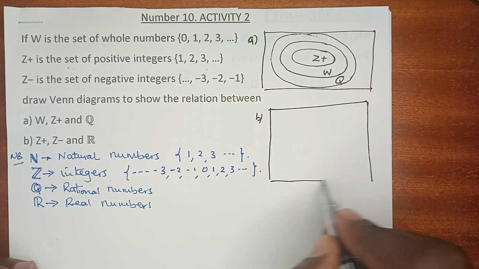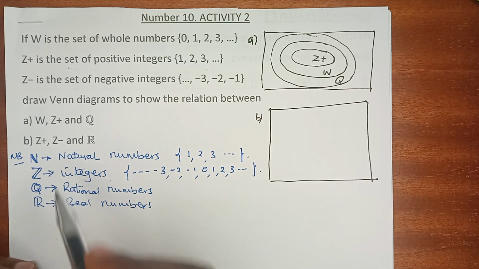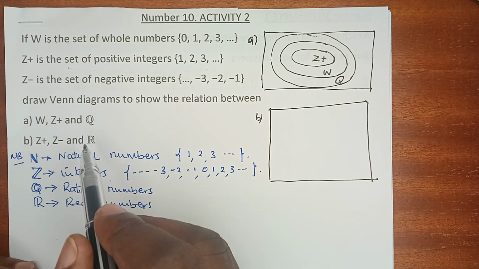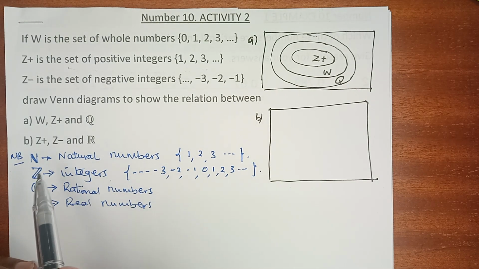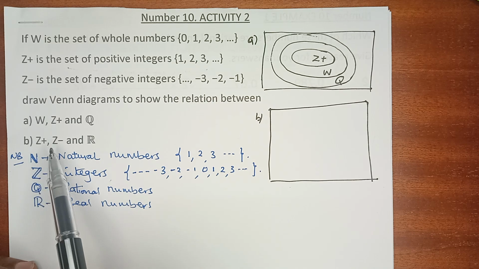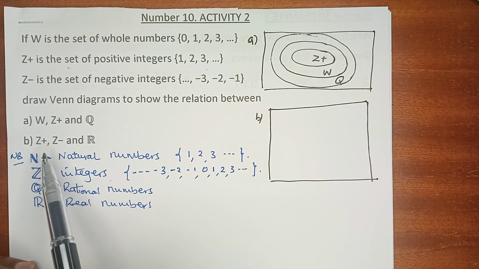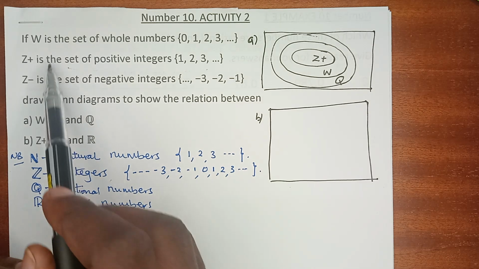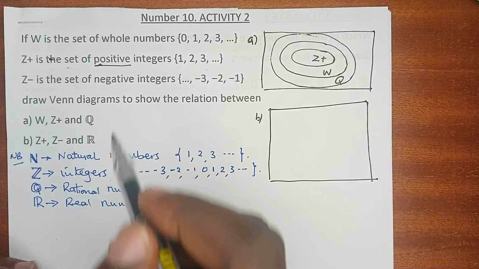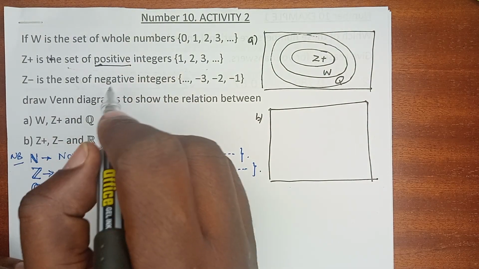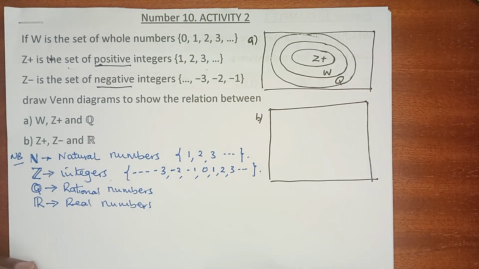Part B has Z plus, Z minus, and R. As much as we know, no member of Z plus appears in Z minus, because in Z plus we have all positive integers, and in Z minus we have a set of all negative integers. They have no intersection. They don't share any member.